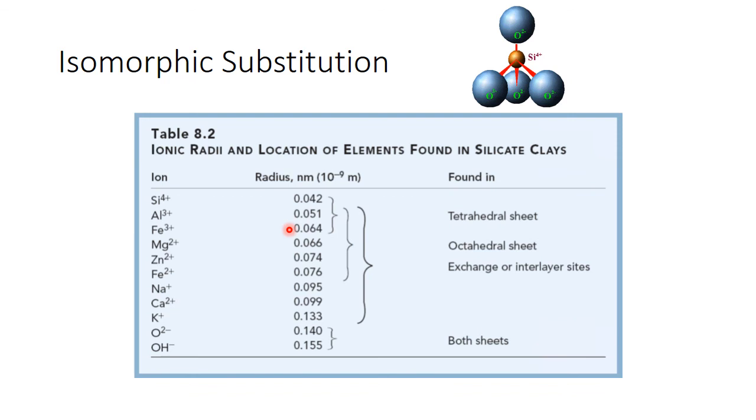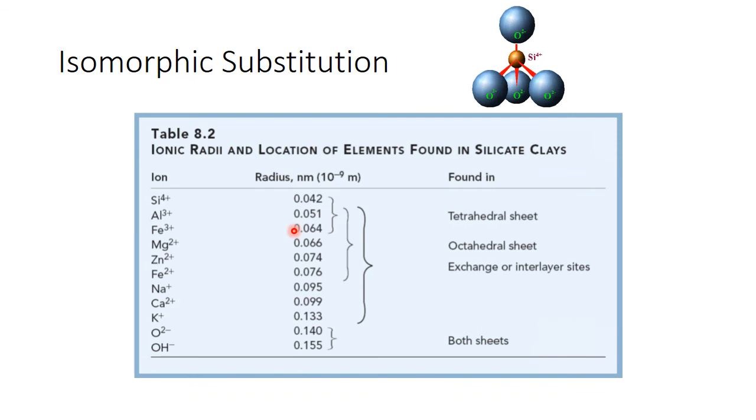In octahedrons, we usually have aluminum at the center, but we could have iron take its place. So iron is pretty close in size, 0.064 compared to 0.051 for aluminum. And if iron 3+ took its place, then there's no change in the charge because both aluminum 3+ and iron 3+ have the same valence.